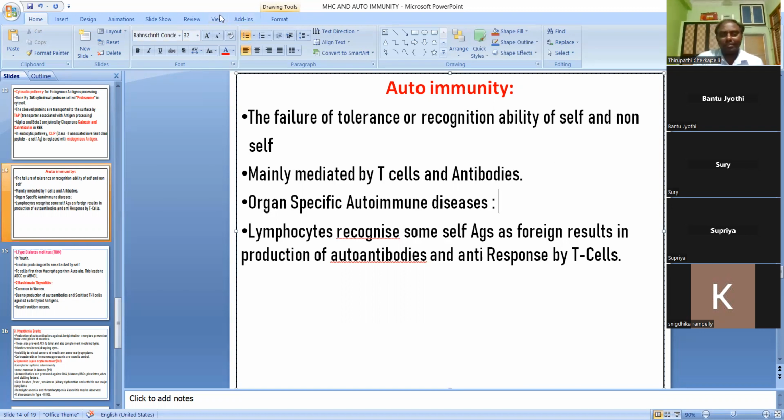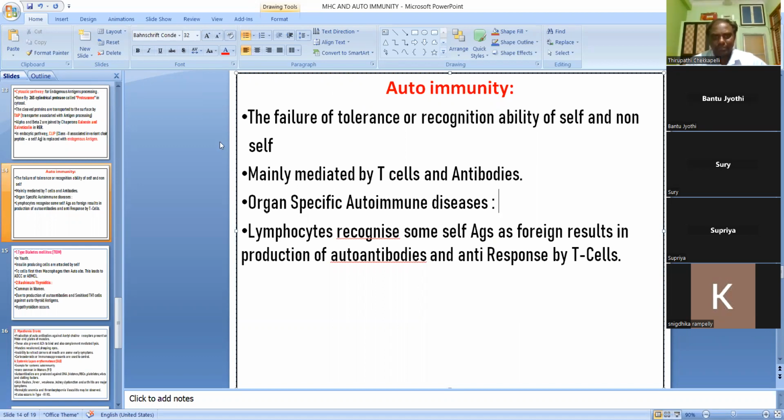You should remember one thing, that all of our cells and our body fluids contain millions of proteins which are actually antigens according to the immune system. But sometimes, due to various reasons, our immune system loses its ability of tolerance.